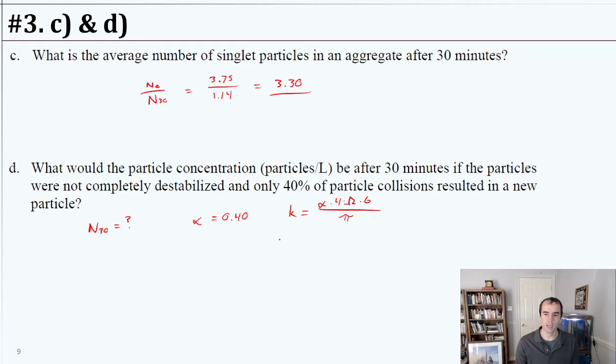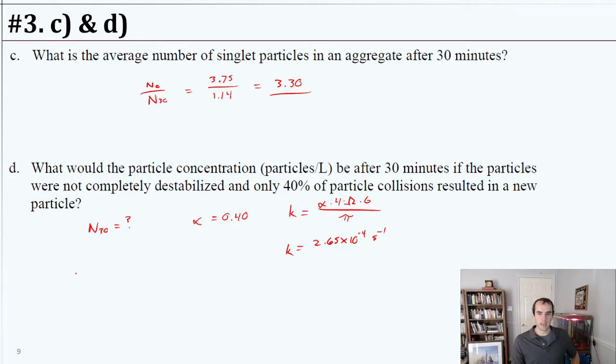So with the new K, essentially it's 0.4 of the old K. This K is going to be 2.65 times 10 to the minus 4 per second. So we didn't have to do too many calculations. We could have even just taken the previous K and multiplied it by 0.4 for that.